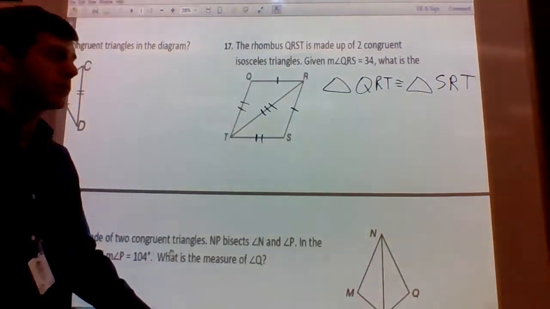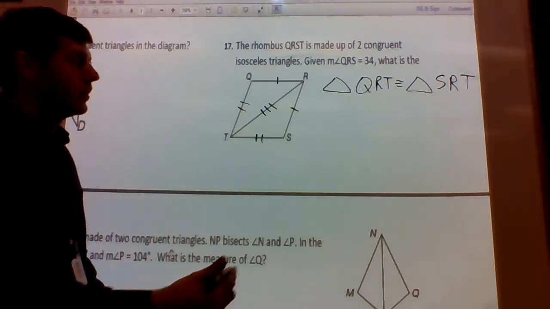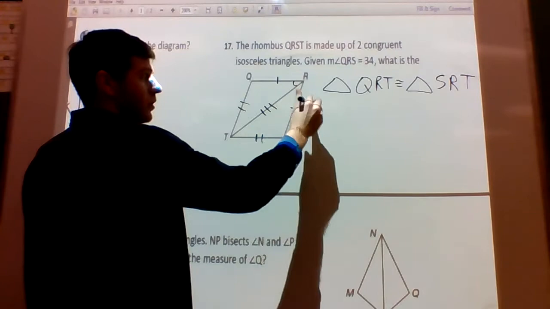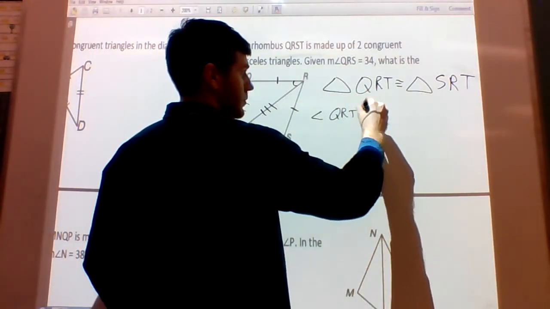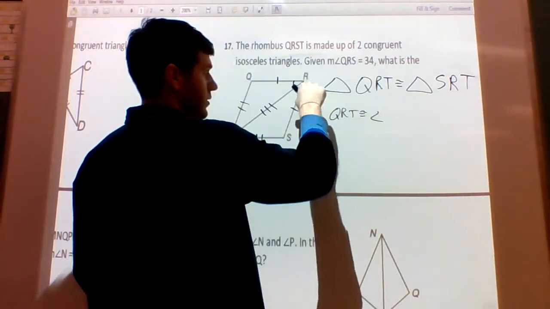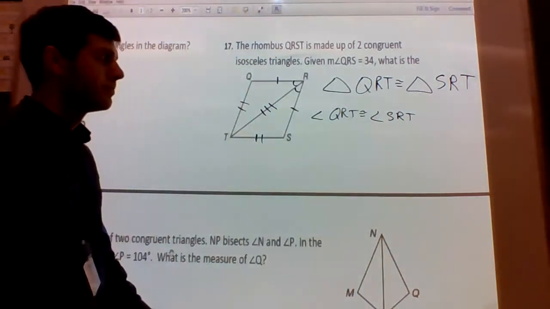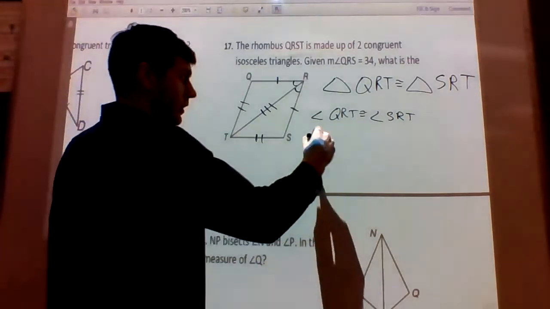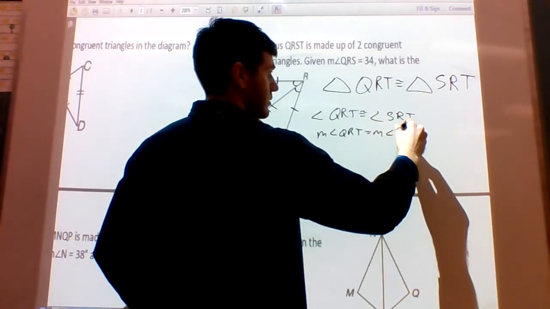So we know the triangles are congruent. So angle QRT is going to be congruent to angle SRT. So the measure of angle QRT is going to equal the measure of angle SRT.